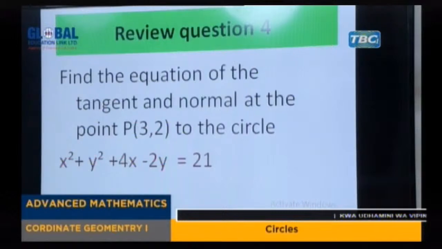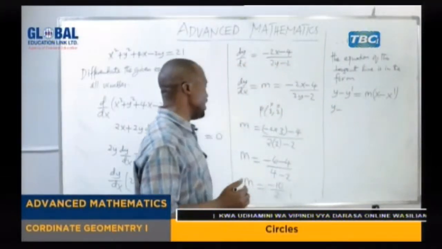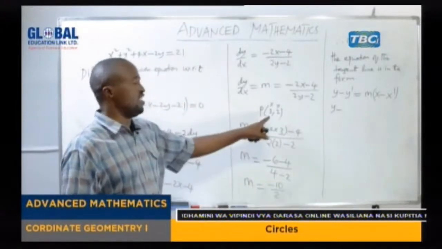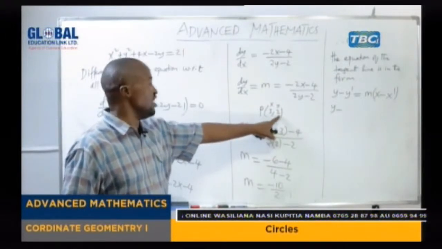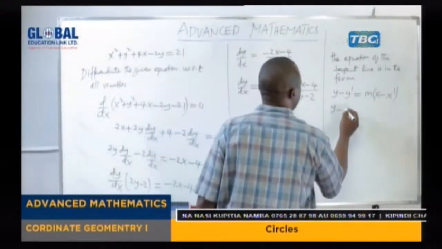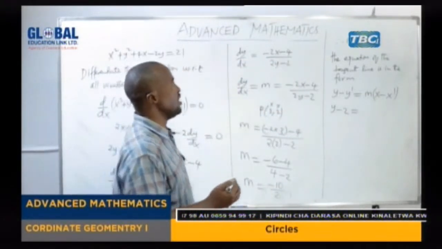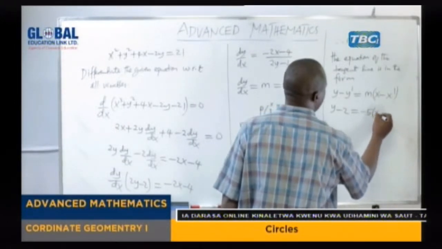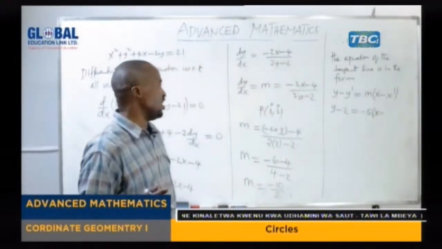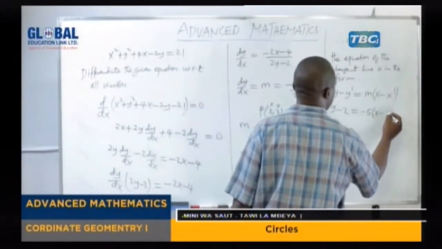So we have the coordinate, that is y minus y dash. Y dash is 2, so here minus 2. This is equal to, we have m is negative 5, so this is negative 5 bracket of x minus x dash, that is the coordinate, so that is minus 3.